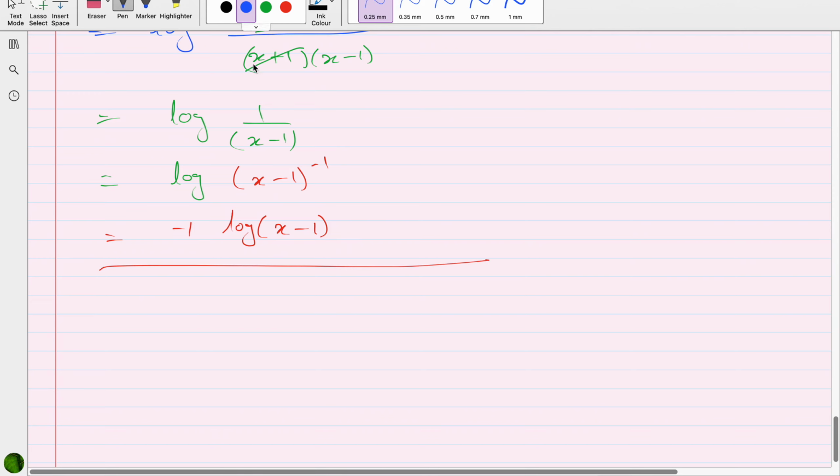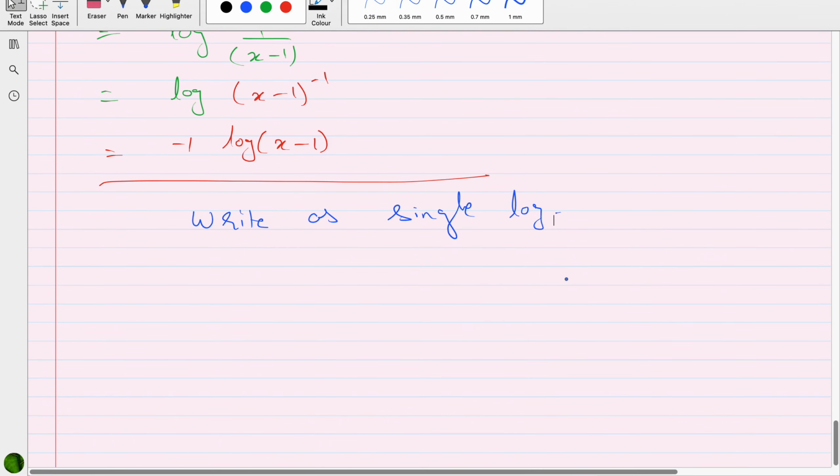If the question says write as a single log, the question is 1 by 2 log of 9 plus 1. So what I can do is a reverse of the power law.